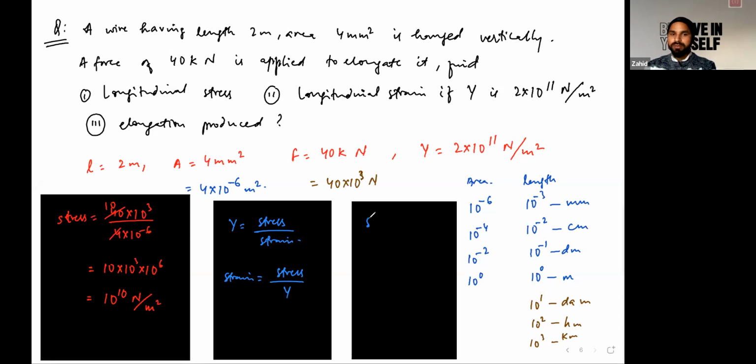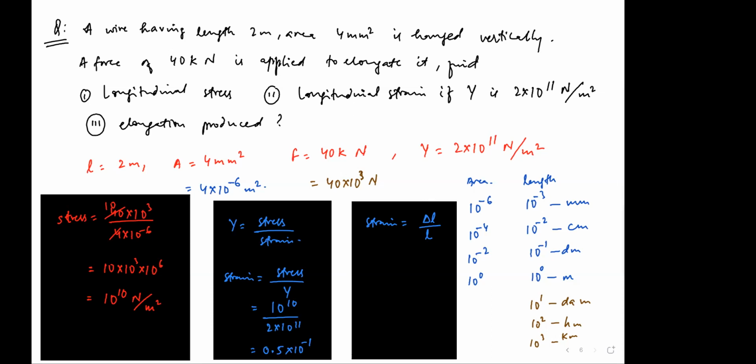We have another formula for strain, which is delta L by L. But in this question, we don't have delta L, so we can't use this formula first. So we calculate strain using this relation and put it in the other equation to get delta L. Stress is 10 to the power 10, Y is 2 into 10 to the power 11, so strain will be 0.5 into 10 to the power minus 1. Karthik, is it clear?